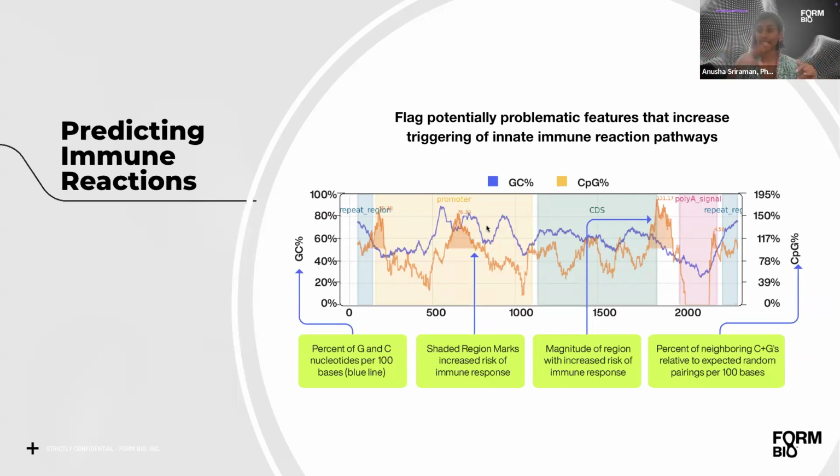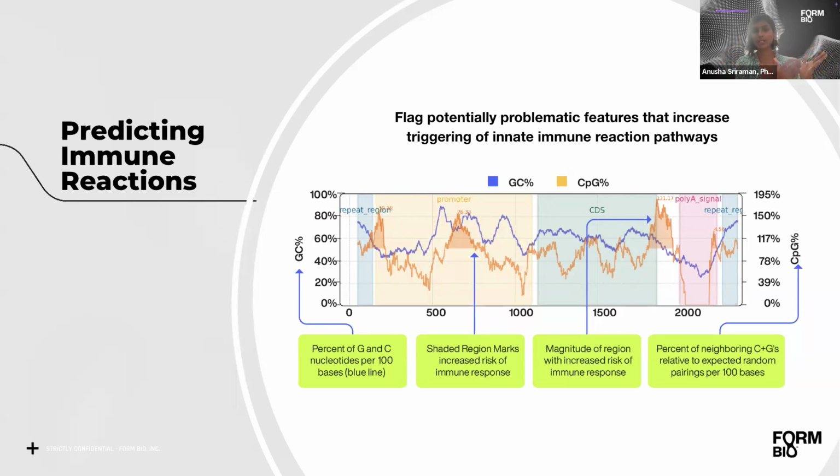These CpG islands are present within the promoter and also downstream of the CDS, and so we are flagging them. Of course, in the promoter, these CpG islands are important for gene regulation. But when we see them within the CDS, we are flagging them for potential immune recognition by the TLR9 signaling pathway. So that's also the other information that we provide from FormSight AI.